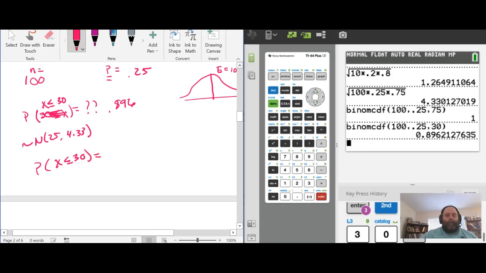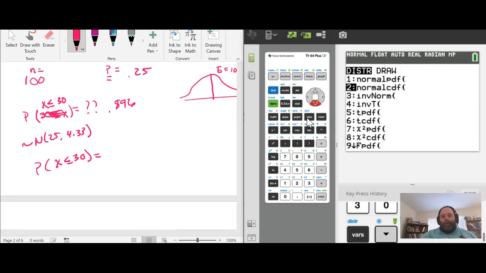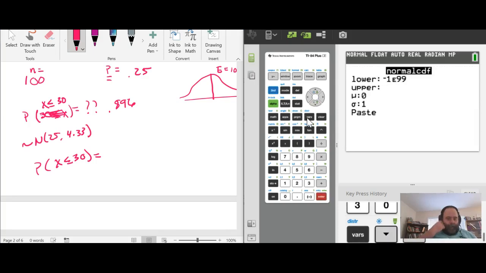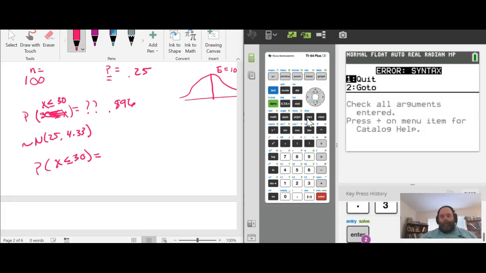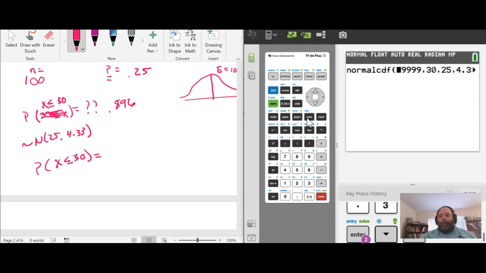Could I use the normal distribution to do this? So let's see what happens. I go second vars, normal CDF, right? I'm less than 30, so I need an extreme value here. I'm going to go up to 30 with a mean of 25 and a standard deviation of 4.33. And what did it not like there?